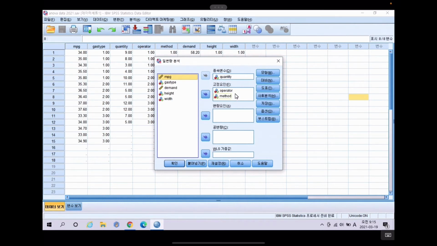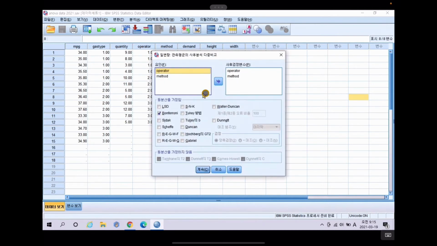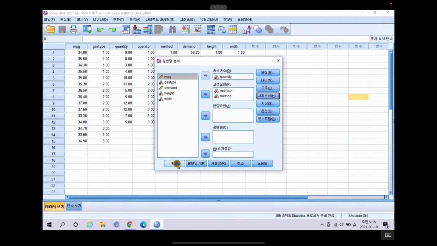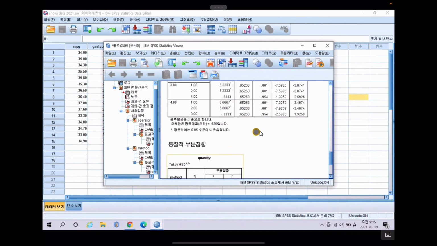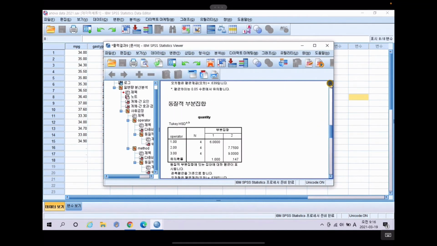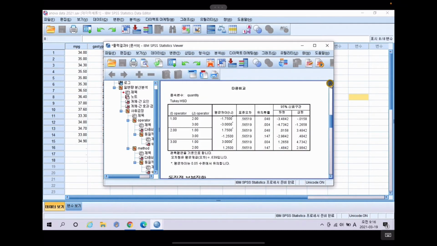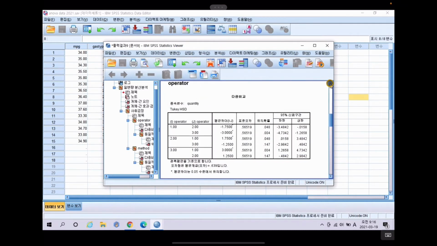Then you go to the Post Hoc analysis here and move the factors to the right. Let's use Tukey, and you continue. And you get the results here. Let's look at the operator first.